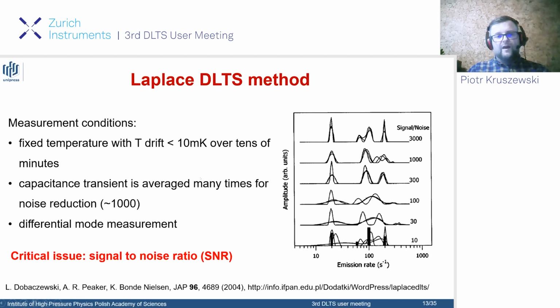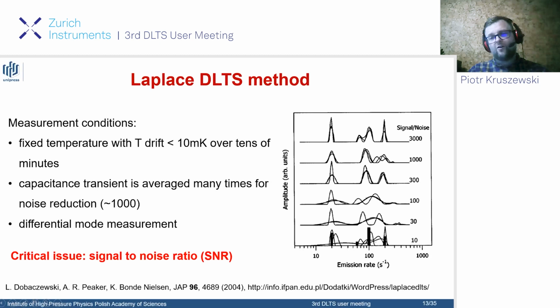Yes, and this is critical because, as you can see here, the calculations are not giving the same results when the signal to noise ratio is not satisfactory. When the emission rates from the signal differ by more than 2, like 3, 4, 5, then these peaks are separated immediately after 10 or 20 averagings.